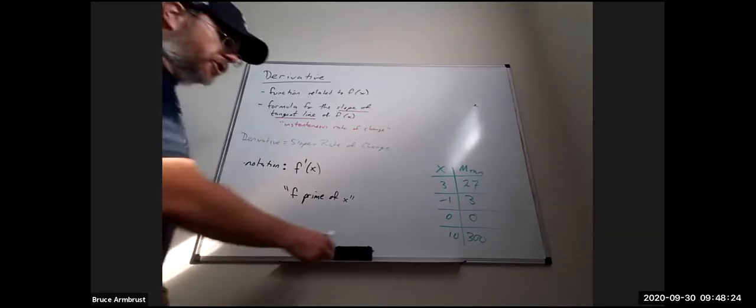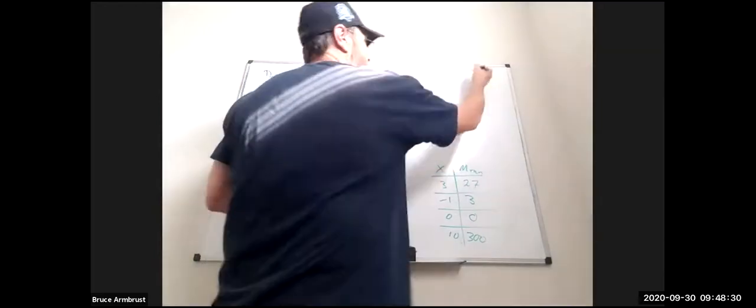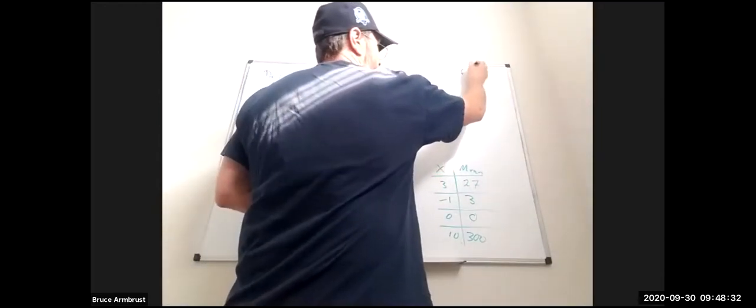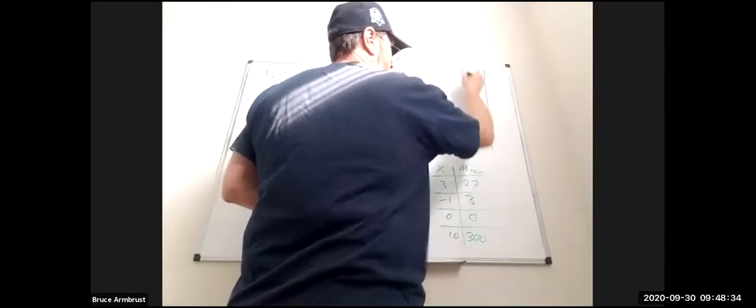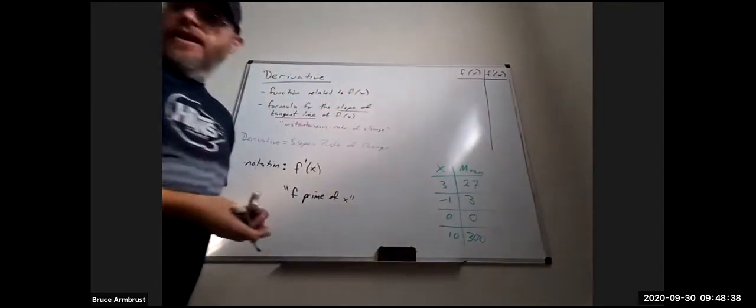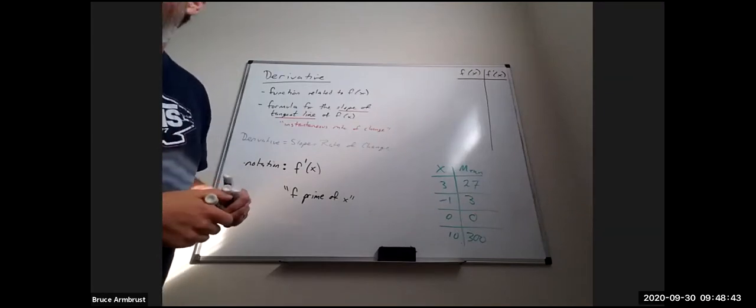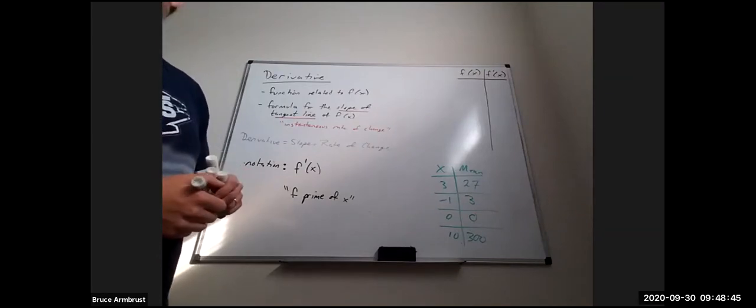So I'm going to make a chart over here that has functions and their derivatives. I'll try to avoid the glare. So I'm going to have f of x and f prime of x. Oh, I'm totally heading right into the glare.